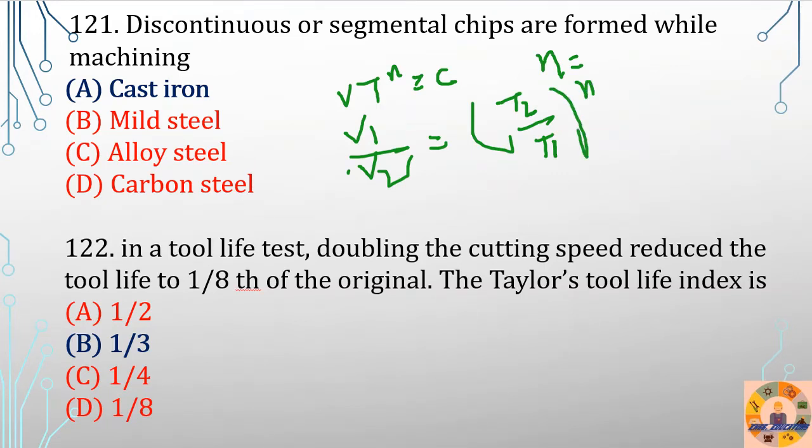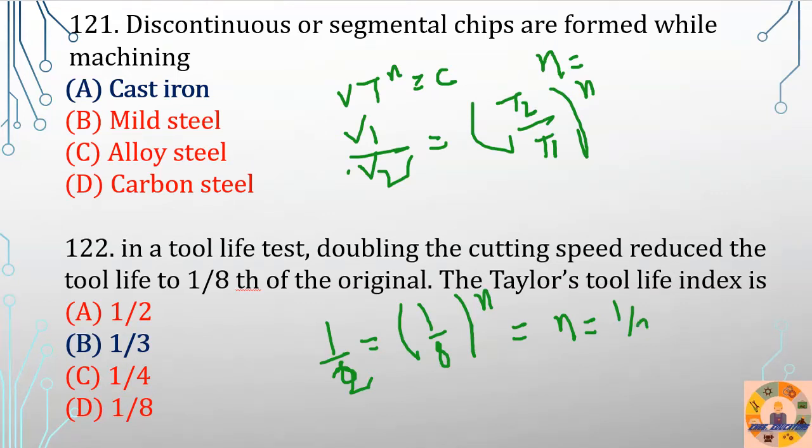So cutting speed reduced to, sorry, this will be 1/2 and tool life reduced to 1/8 of the original. That will be n. So correct answer is n equal to 1/3. So B.